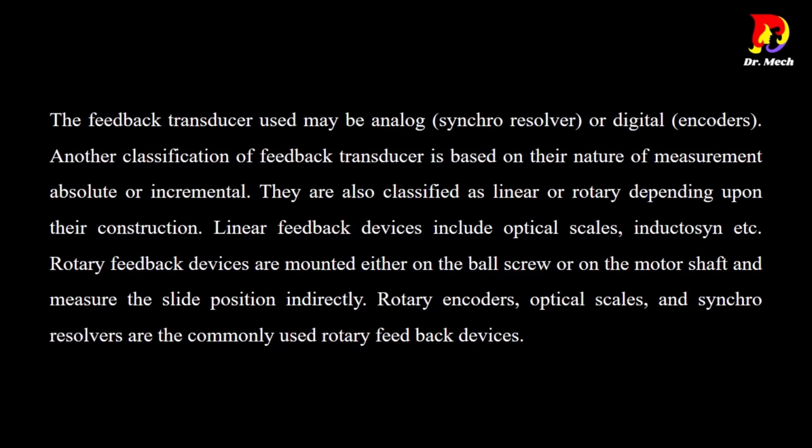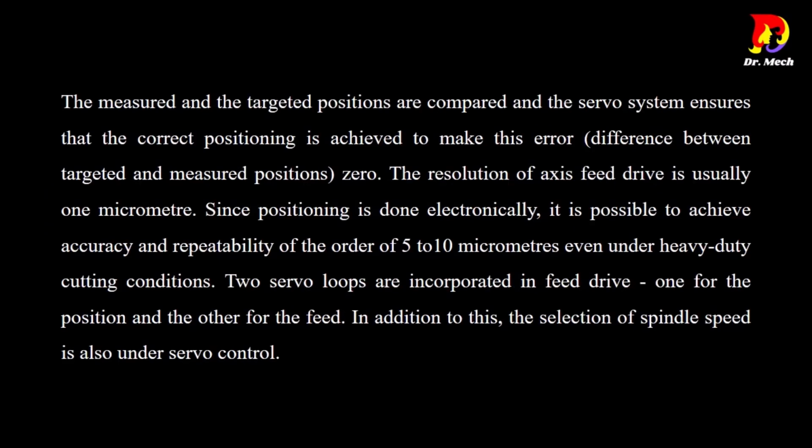Linear feedback devices include optical scales, inductosyn, etc. Rotary feedback devices are mounted either on the ball screw or on the motor shaft, and measure the slide position indirectly. Rotary encoders, optical scales, and synchro resolvers are the commonly used rotary feedback devices.